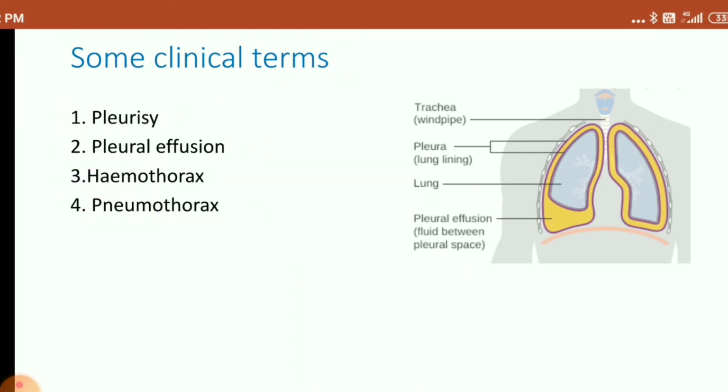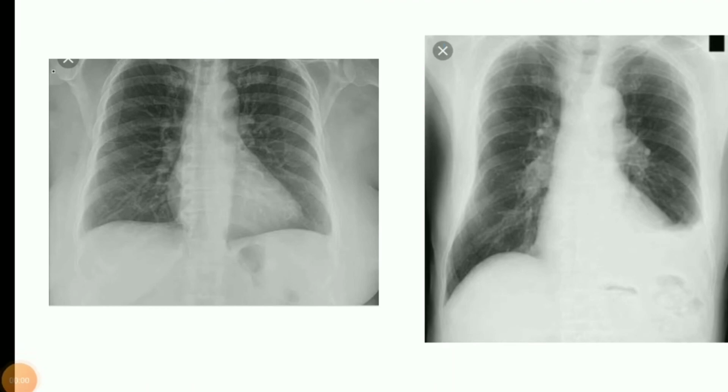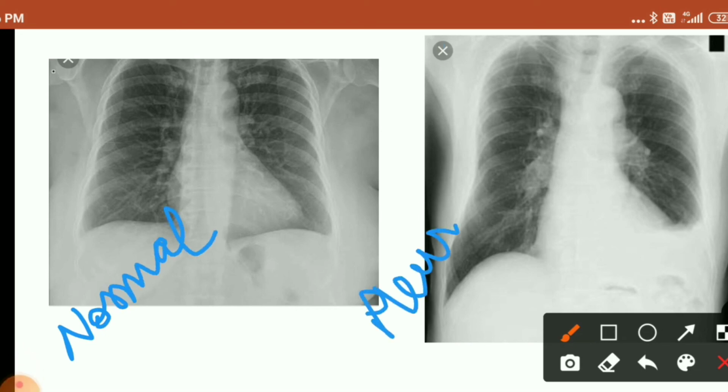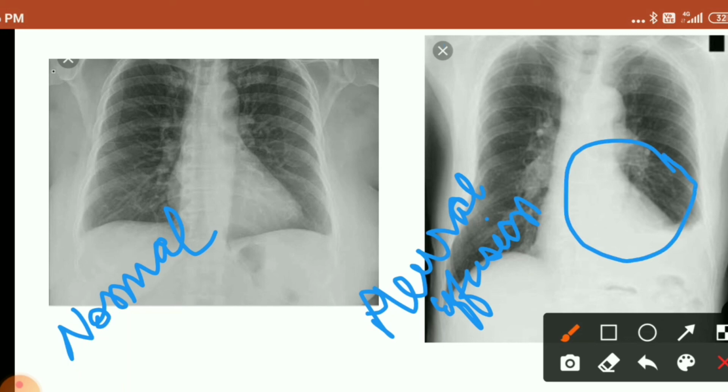Okay. Now, finally we are ending this topic by discussing some radiographs. You see that on the left side this is a normal radiograph, and on the right side you have the radiograph of pleural effusion. You can see this radio opacity.